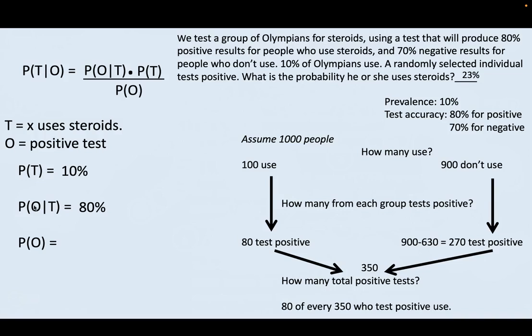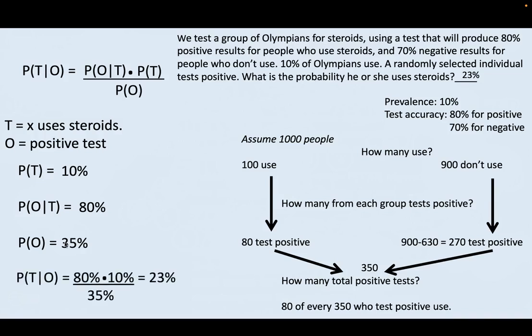And then what's the probability of the observation? Well, you're going to get 350 positive tests out of 1,000 because you get 80 from people who use, 270 from people who don't. So 35% of the time you get a positive test. So 35% is the probability that you get the observation of a positive test.